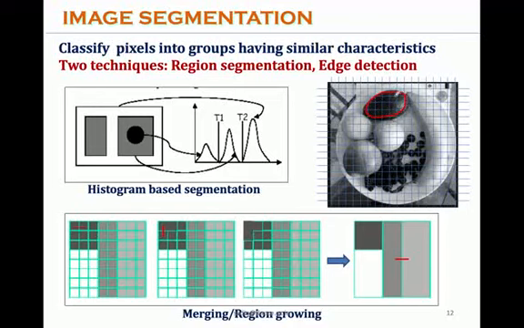Similarly, in image segmentation, they will classify the pixels into groups based on two different techniques. One is a region segmentation method, where regions are identified based on the similarity of gray level.